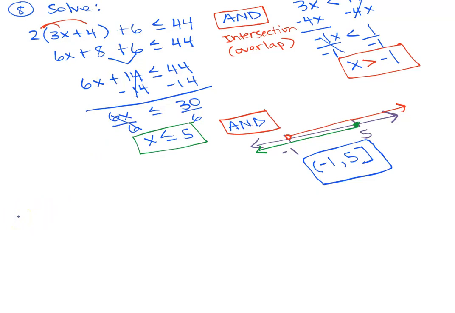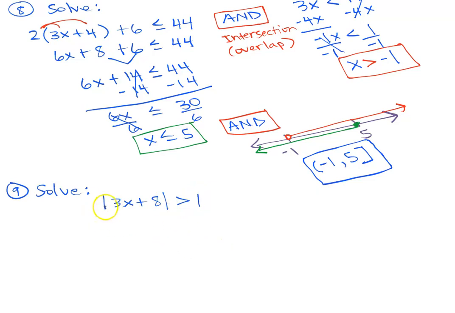All right, let's do this absolute value inequality now, just because I want to make sure we do one like this. Again, we're trying to solve the absolute value of 3x plus 8 is greater than 1.